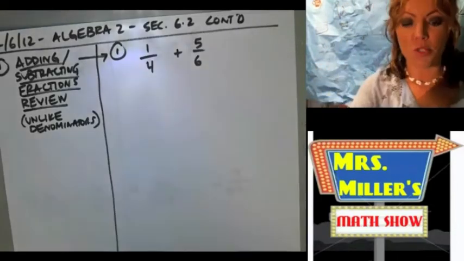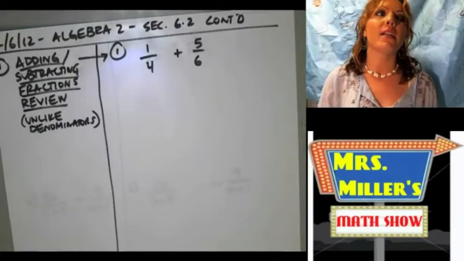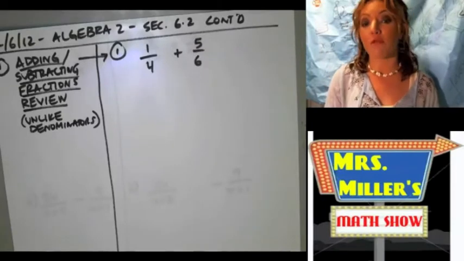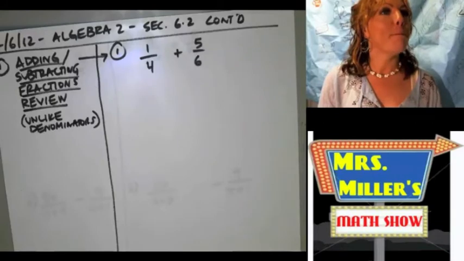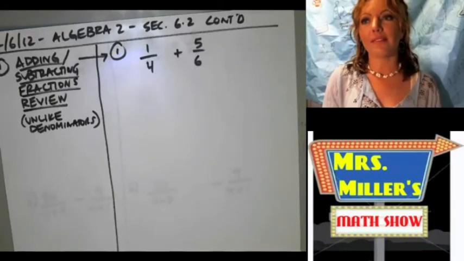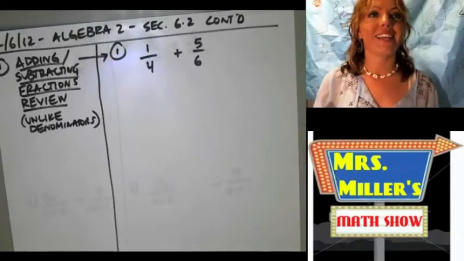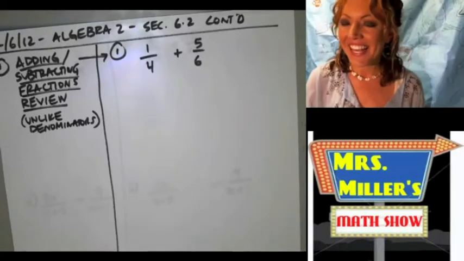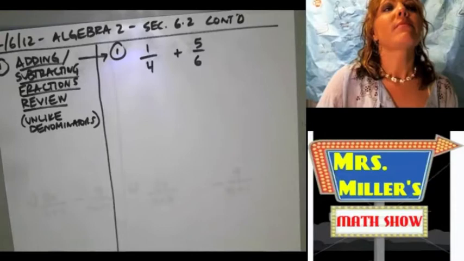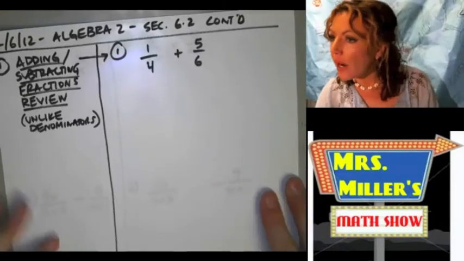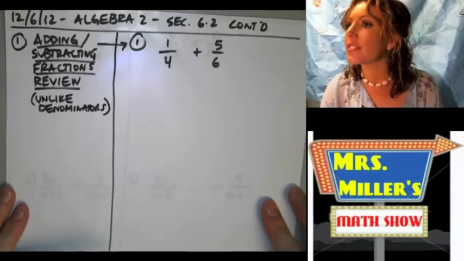Okay, here we go. So we have taken a little hiatus from notes. I know it's been so sad for you to not have math notes for a while, but we are now back. Let's have a cheer for math notes. Yeah! Okay, all right, here we go. So we left off adding and subtracting fractions that had the same denominator.